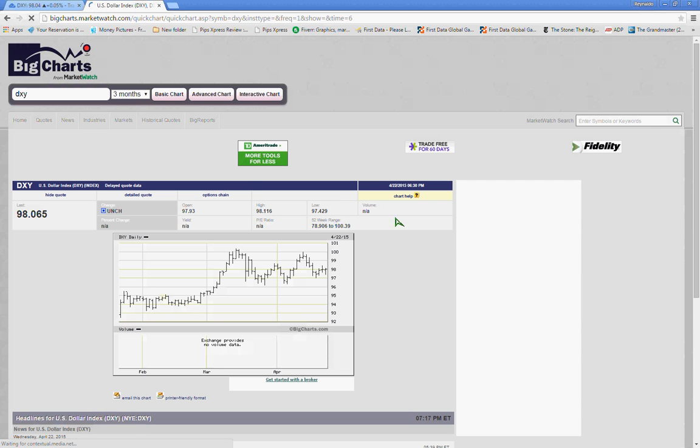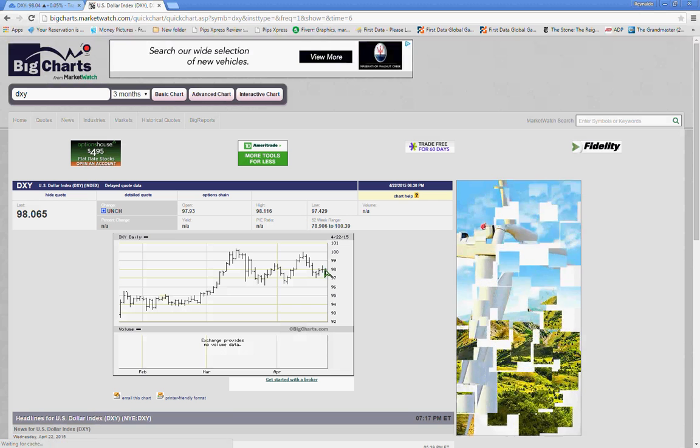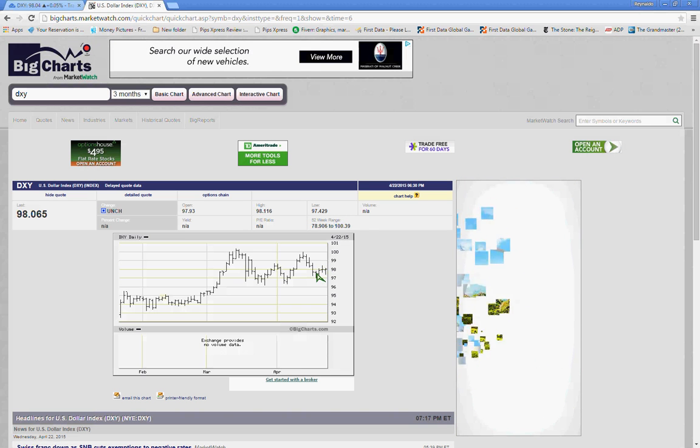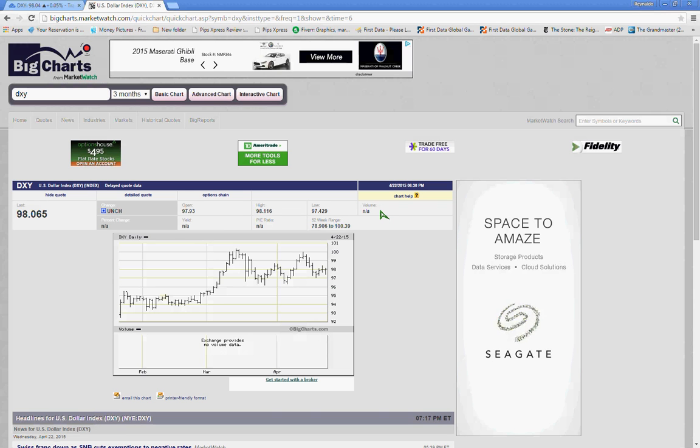You already have a lower high. So for me, the probability of it dropping more is highly probable than it going up. Because if it is still going to be strong, then I need a new higher high, back to 99.